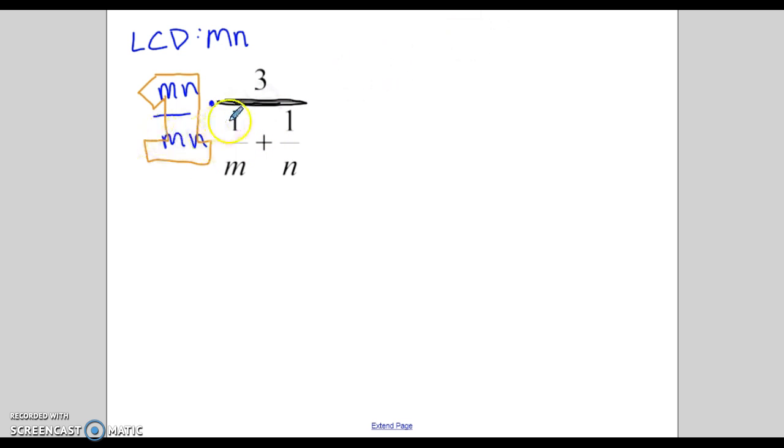And when you do that, on the bottom you have to make sure you distribute that to both of these terms. And then on top, I'm going to do mn times the top. So when I multiply both the top and bottom by mn, I get 3mn on top.